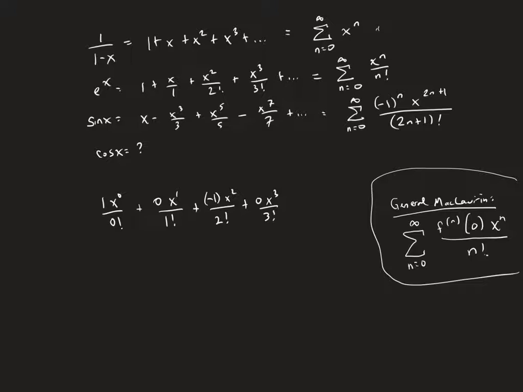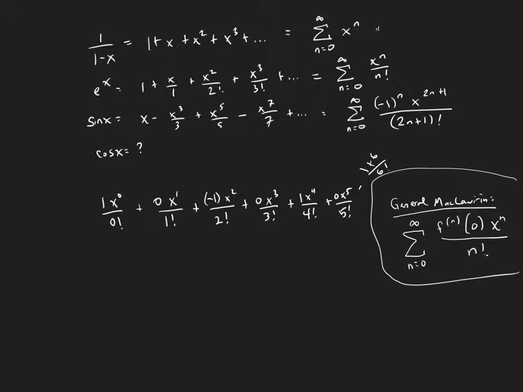cosine repeats. So we would have the next term being a derivative of 1, a derivative of 0, running out of room, a derivative of negative 1, and I'll kind of write this up here. It's a little cheating, but that's all right. And then another derivative of 0.